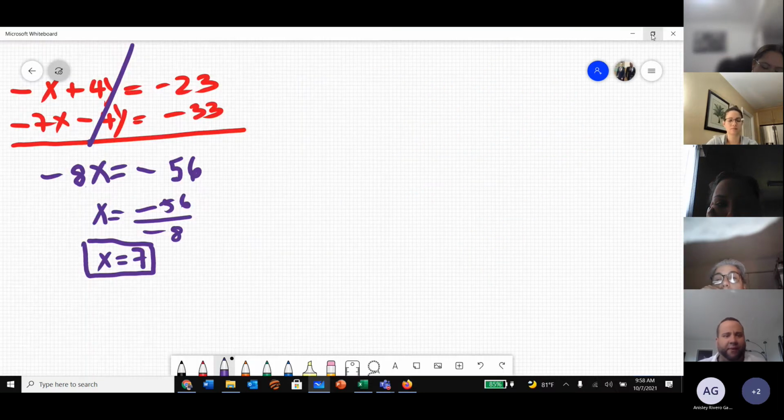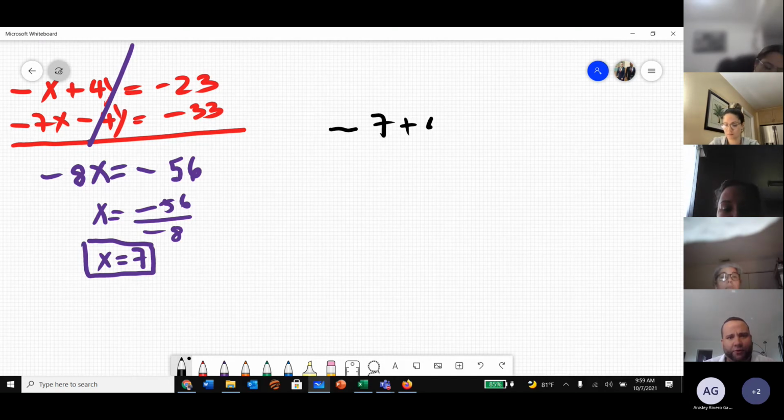We get the value of x, but we need to get the value of y. And then we take one of the original equations, and let me suppose that I'm taking the first one. We have negative x, which is the value of 7, plus 4y equal negative 23. And then the 7 is negative, so it goes positive to the other side.